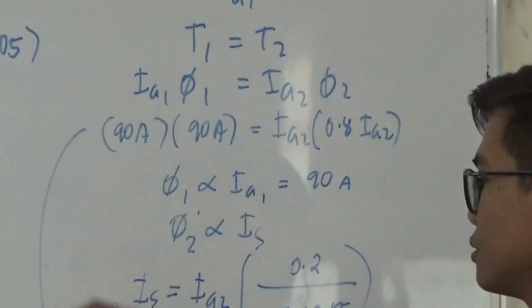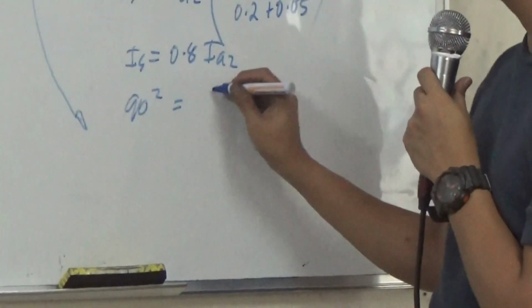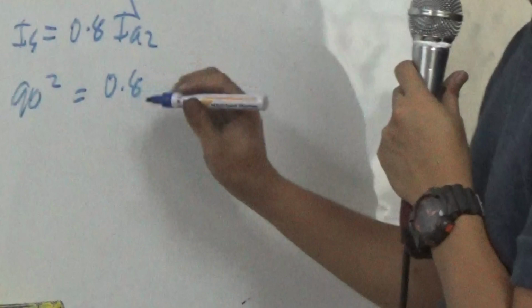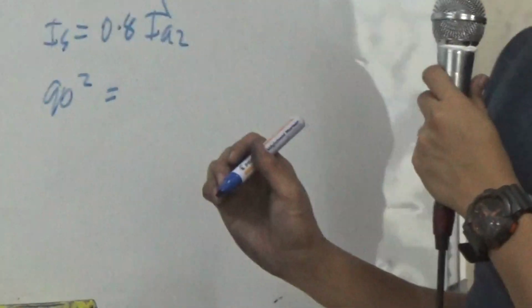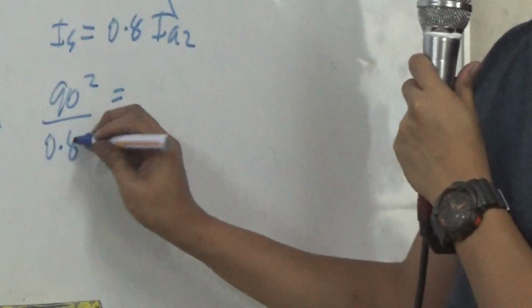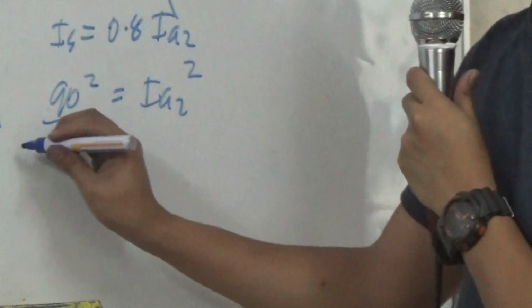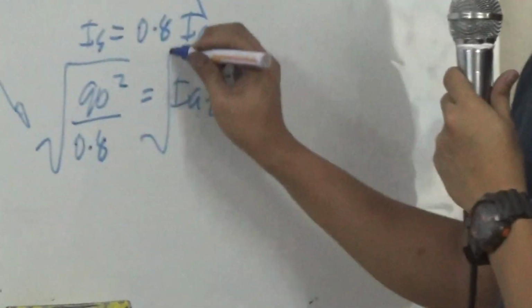Balik tayo dito. 90 squared is equals to 0.8 ng IA2 squared. So, 90 squared divided by 0.8 is equals to IA2 squared. Square root natin both sides.